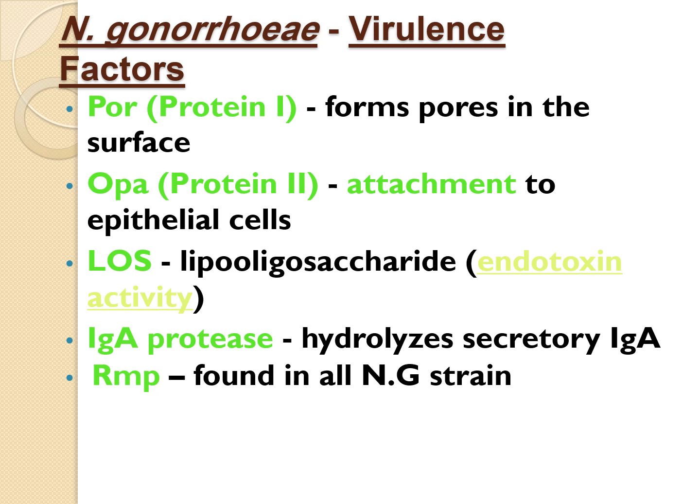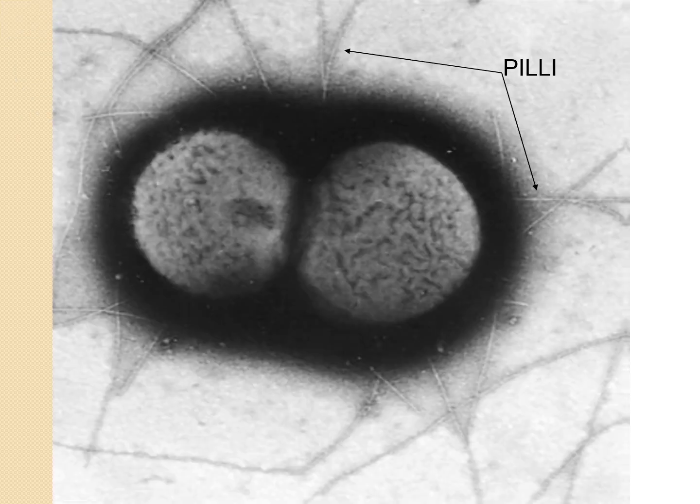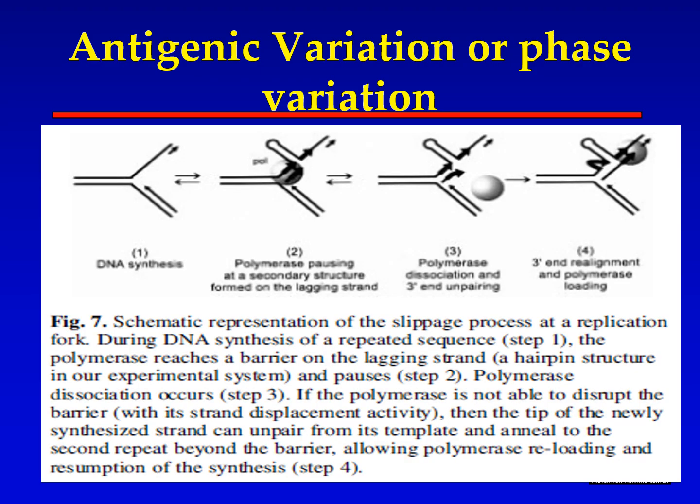And one of the most important characteristics of this bacteria is the ability to change antigenic structure. One of the most important phenomena occurring in Neisseria gonorrhea is the ability of this bacteria to change antigen from generation to generation during growth of single cells.